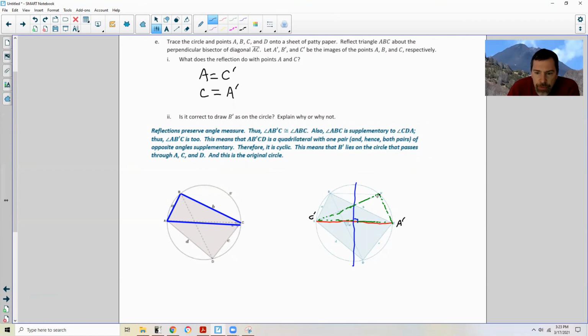So since this would now be a quadrilateral over here, then this would be supplementary to that. This means that A, B prime, C, D is a quadrilateral with one pair and hence both pairs of opposite angles supplementary. Therefore, it is cyclic. This means that B prime lies on the circle that passes through A, C, and D, and this is the original circle. Okay, so there's the lengthy reason.